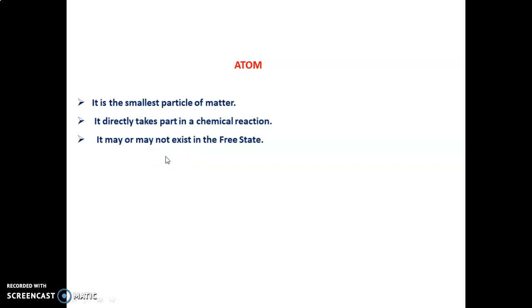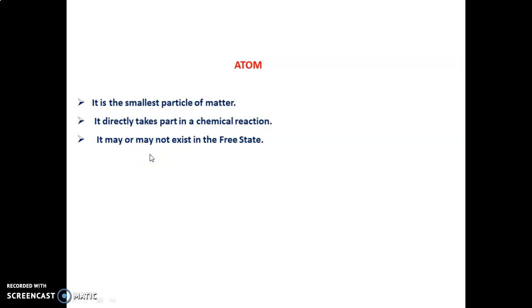But hydrogen exists as H2, not as a hydrogen atom. Oxygen does not exist as an oxygen atom, it exists as an O2 molecule.